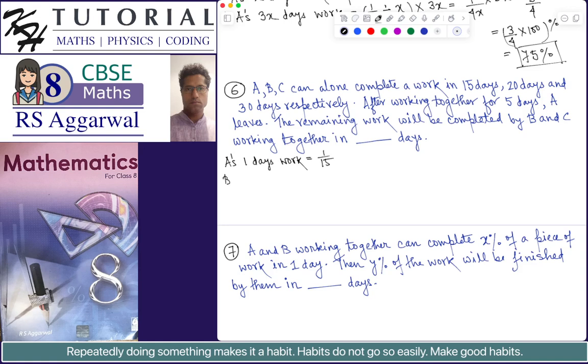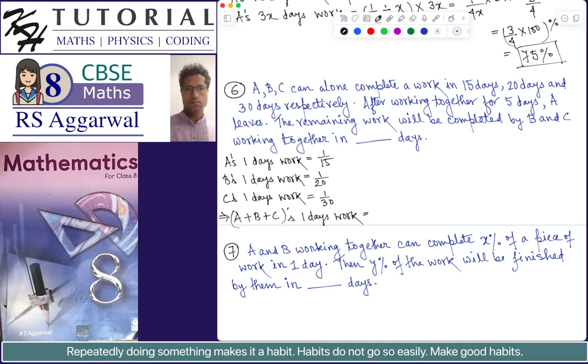Similarly, B's 1 day's work is equal to 1 by 20. Similarly, C's 1 day's work, that is the amount of work done in 1 day, is 1 by 30. So this implies that A plus B plus C means A, B and C are working together. So A plus B plus C's 1 day's work means the amount of work done in 1 day when all of them, that is A, B and C, are working together.